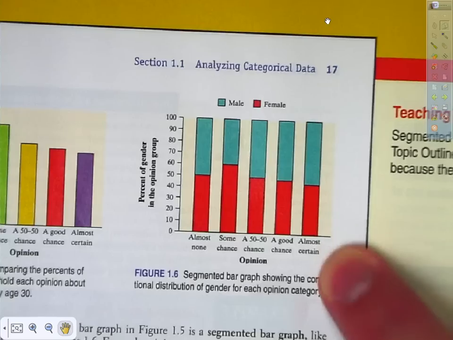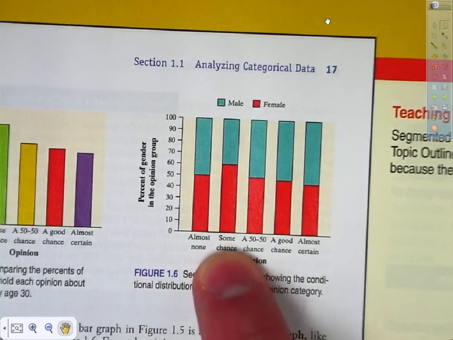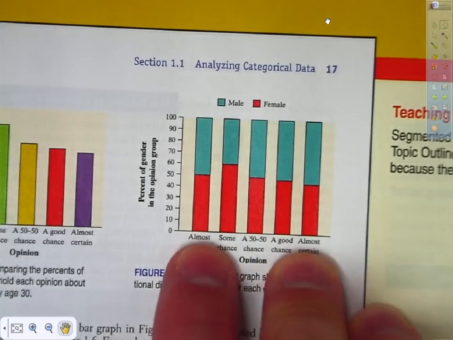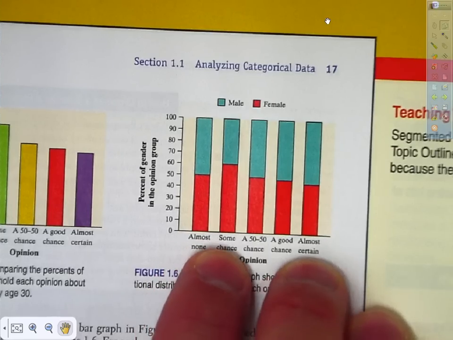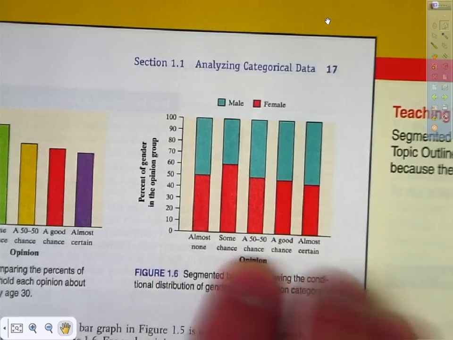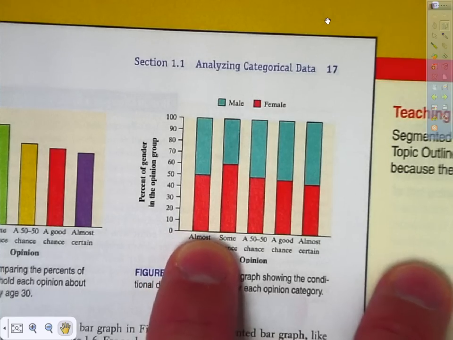And so, again, you can take a look. And again, I just don't get as much information out of this, right? You look at this, and you start to see that more females seem to think that some chance, almost none right here, right? Those are taller than the other 3 bars, so females tend to not think as highly of their chances of being rich.